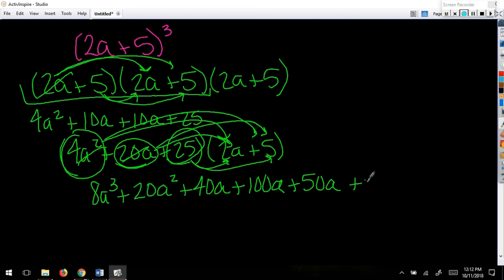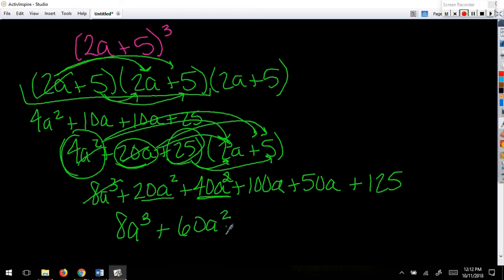And 25 times 5 is 125. Like terms again, a to the third. 20a squared and 40a squared would give me 60a squared. 100a and 50a would be 150a, and then I have the 125 on the end. And that's it.